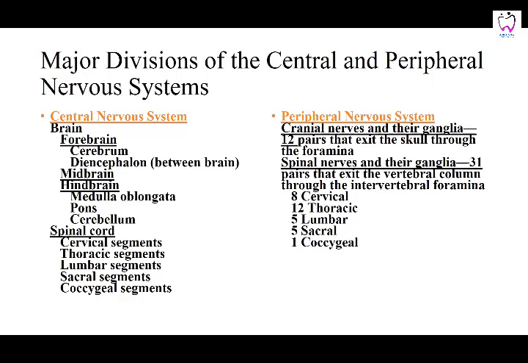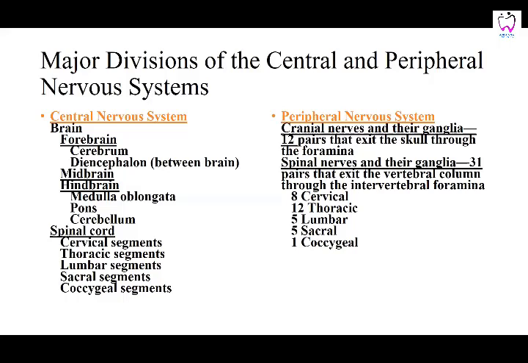This is the broad division that you make when you classify the nervous tissue: central nervous system and peripheral nervous system. The peripheral nervous system includes the cranial nerves, 12 pairs which come out through the skull, and the spinal nerves, 31 pairs that exit from the vertebral column.